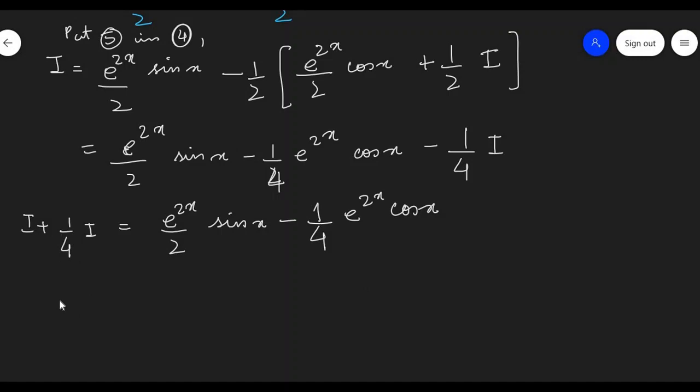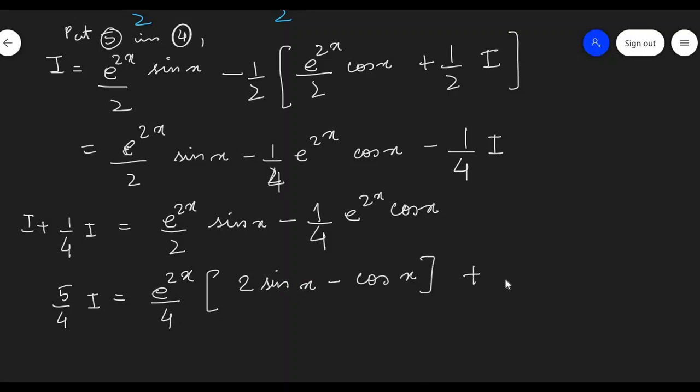So we can write this as 5 by 4 I as, let's take e raised to 2x by 4 common. So I am going to take e raised to 2x by 4 common. So I'll get 2 sin x minus cos x plus c. So this 5 by 4 we can take to the right hand side.